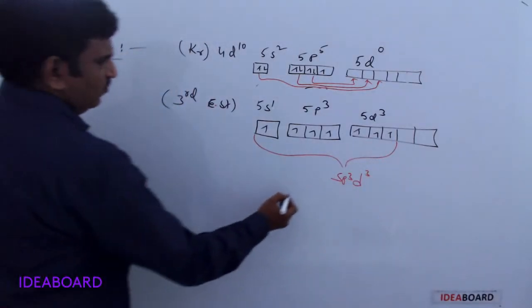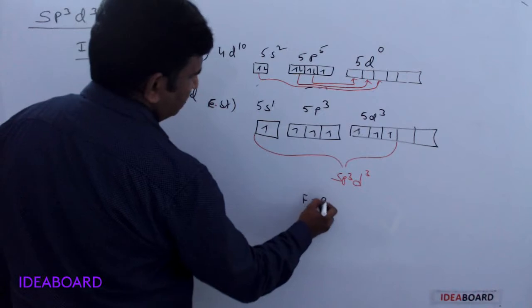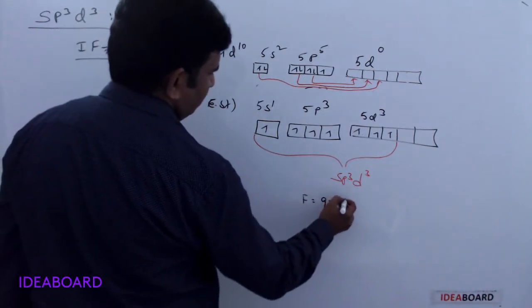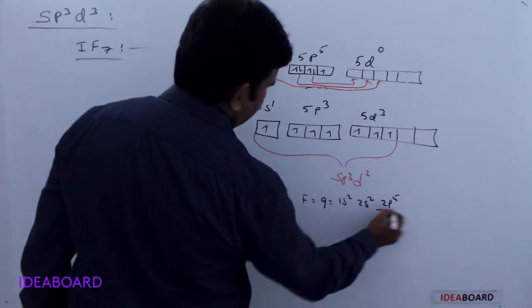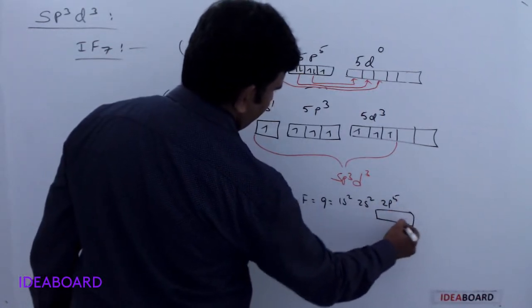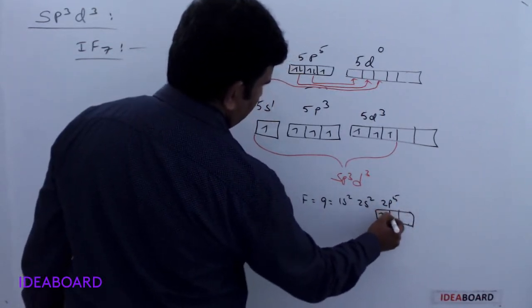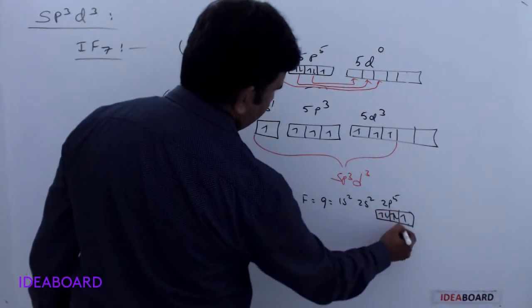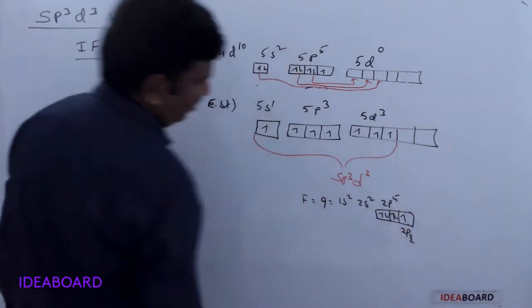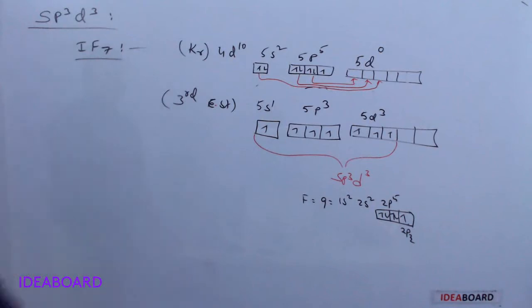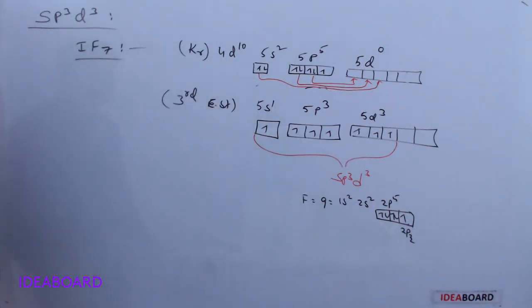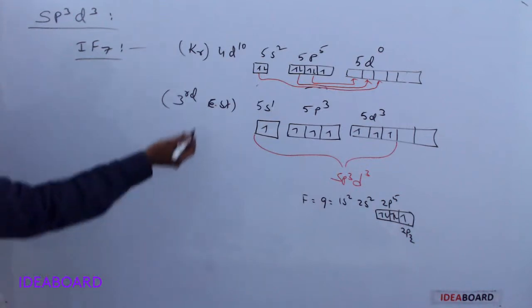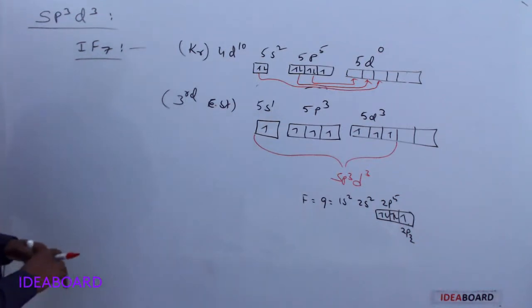Now fluorine has atomic number 9, and we know its configuration is 1s2, 2s2, 2p5. The 2p5 has one electron in the unpaired state. This unpaired 2pz electron will participate in the reaction by overlapping with the sp3d3 hybrid orbitals. So I am writing the iodine hybrid orbitals, 7 hybrid orbitals here.